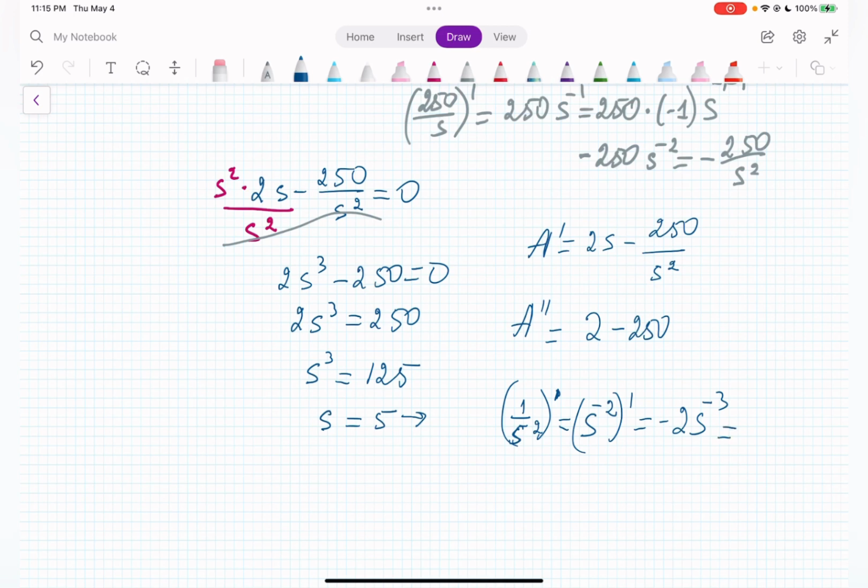And then a negative exponent is represented as a positive, so we are getting times 2 over s cubed. And this negative with this negative is going to give us positive, right? So this is becoming positive.